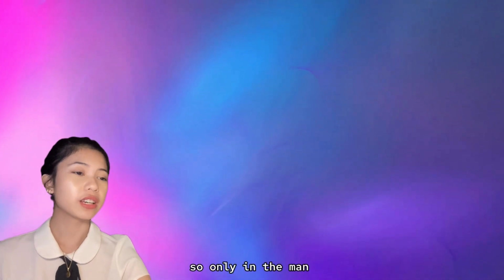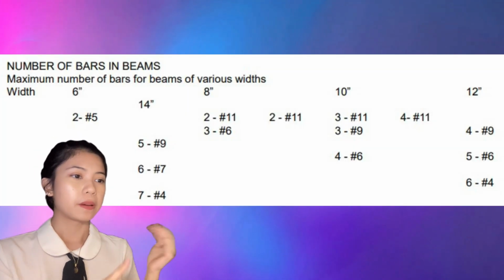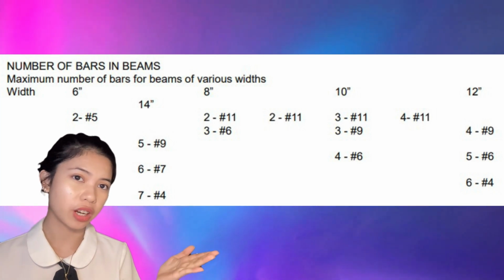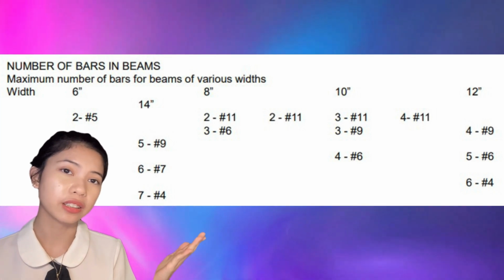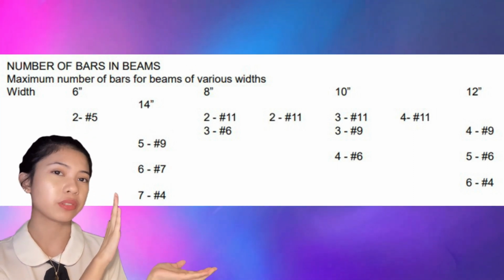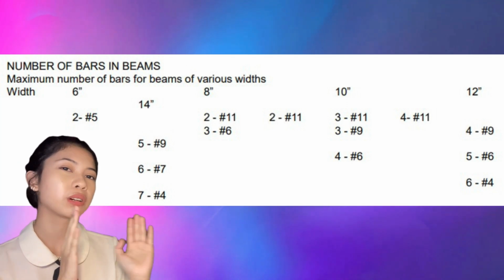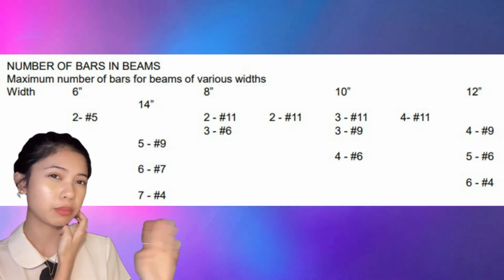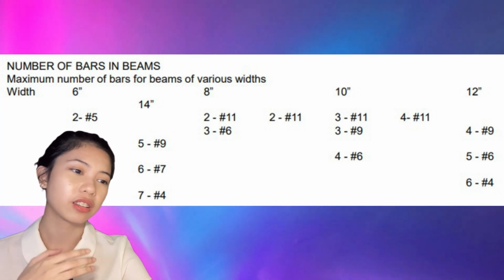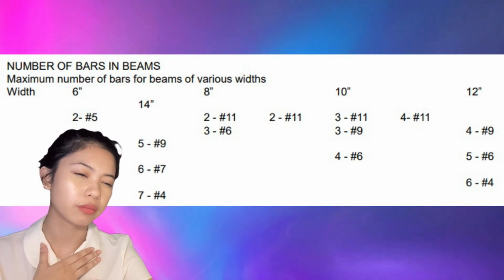So ngayon naman, ipapakita ko sa inyo in a table diagram here yung proper width of beam na may kasalungat niyang number of bars. So here, this is the diagram. Nakita niyo dyan, width, tapos yung mga numbers sa ibaba, yun yung number ng bars at specification ng bars.